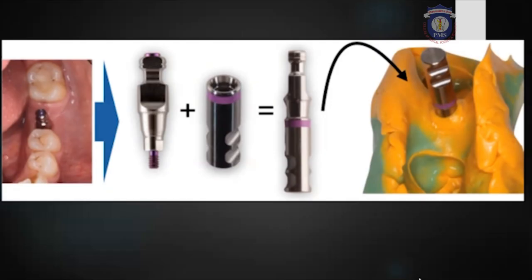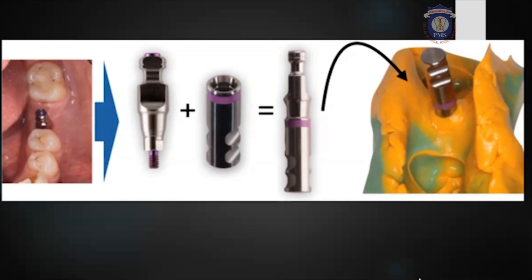Since we indirectly transfer the coping from the patient's mouth to the impression, it is called transfer impression or indirect transfer. So basically what we are doing is placing an impression coping in the patient's mouth, an impression is recorded, and the impression is removed.